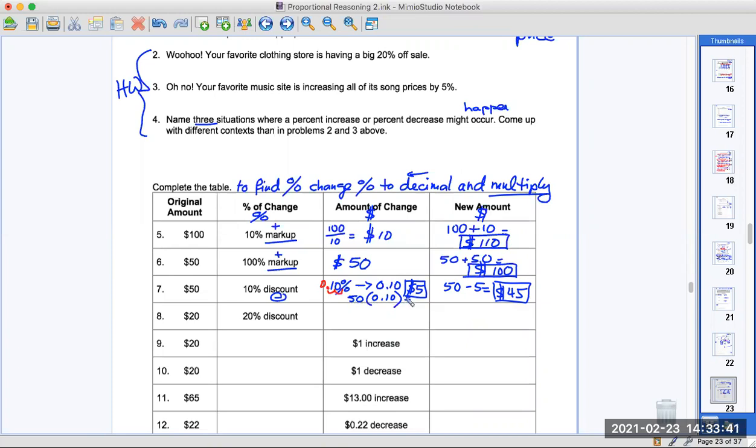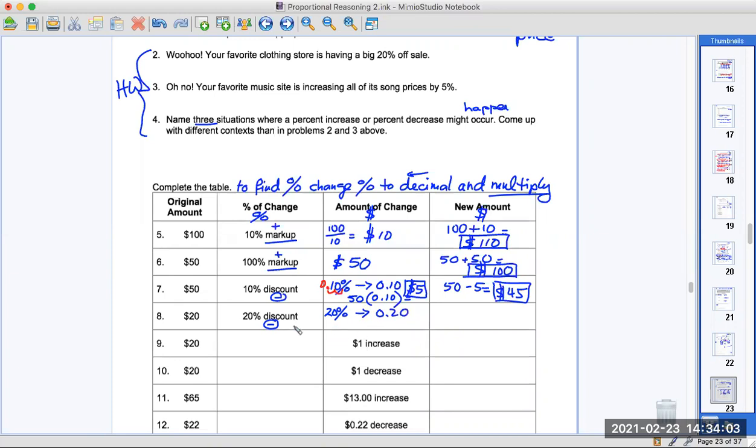This is a fast way to find your amount of change. $20, 20% discount, we're subtracting it. Find 20%, change 20% to a decimal, 0.20.